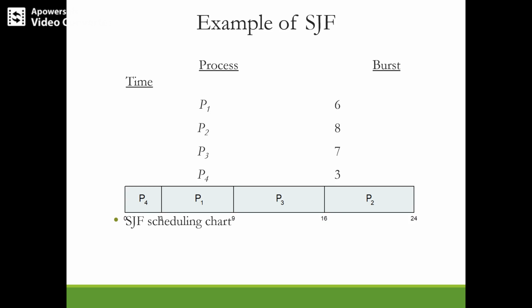So can you calculate the average waiting time? The waiting time is 3 for process P1, 16 for process P2, 9 for process P3, and 0 for process P4. So 3 plus 16 plus 9 plus 0 divided by the total number of processes, that is 4, which is around 7 milliseconds.